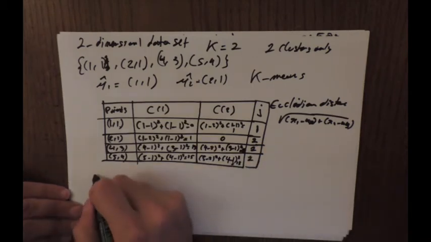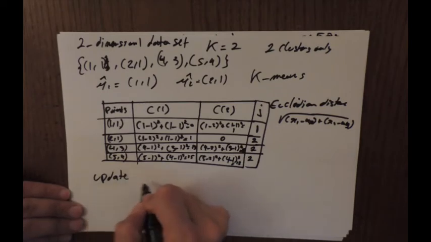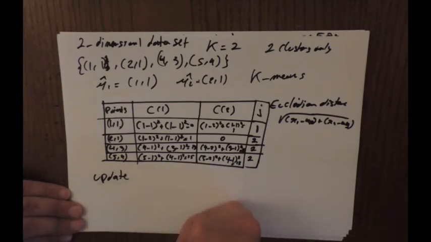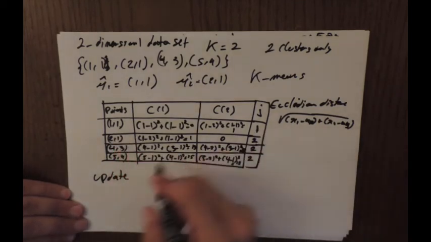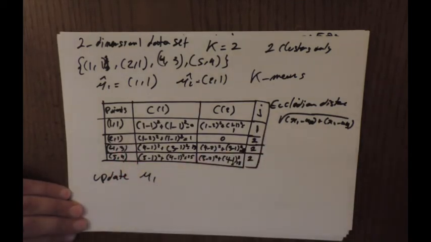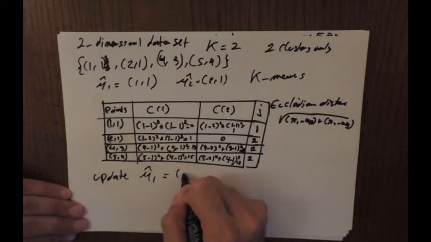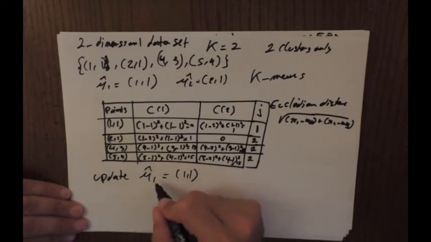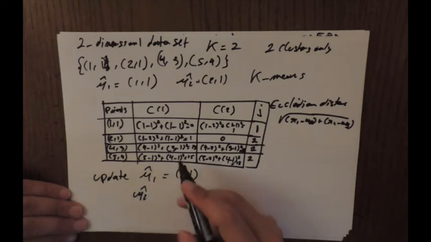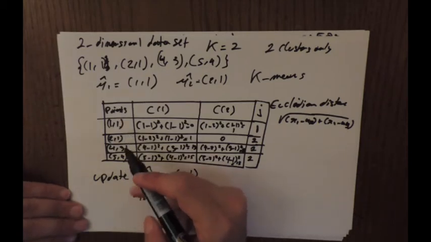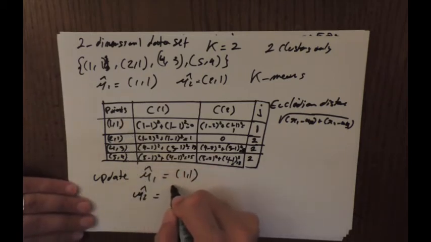Now we need to update the means and continue with the next iteration. Of course, this cluster has only one point, so I'm going to keep it the same. There's no change for the mean. However, the second cluster now has 3 points, so I need to take the average of these 3 points.